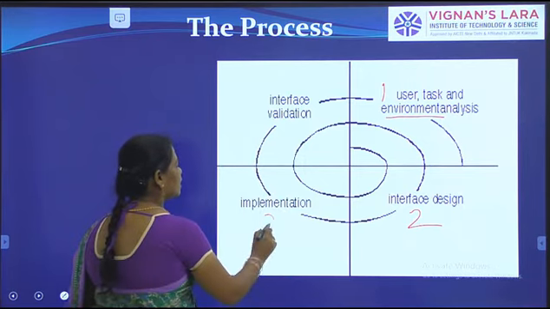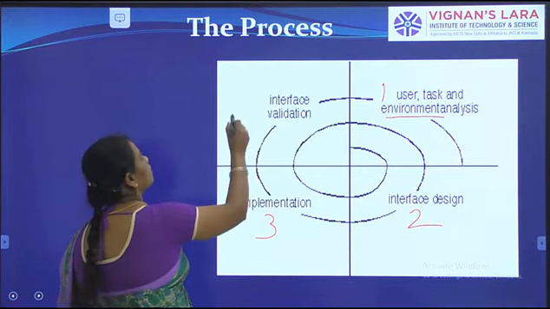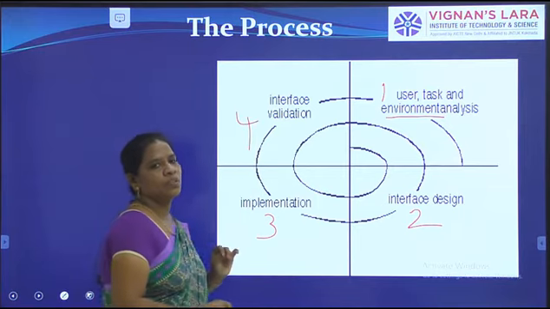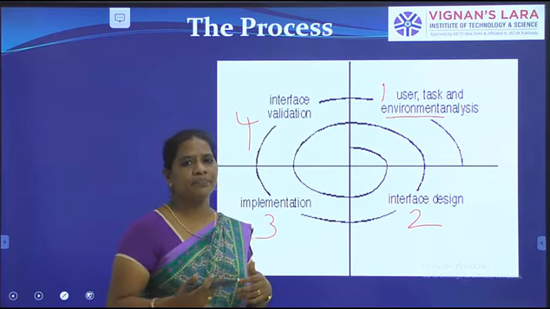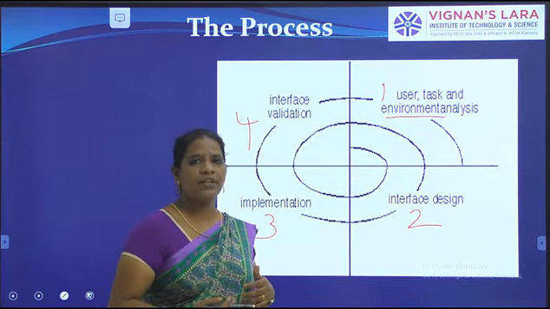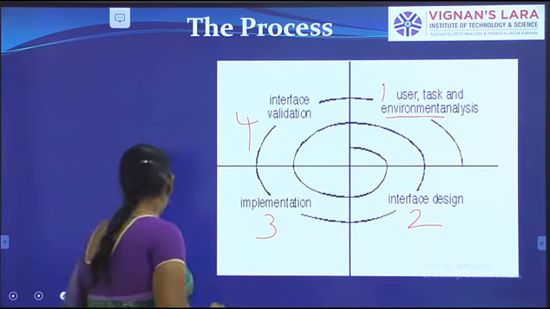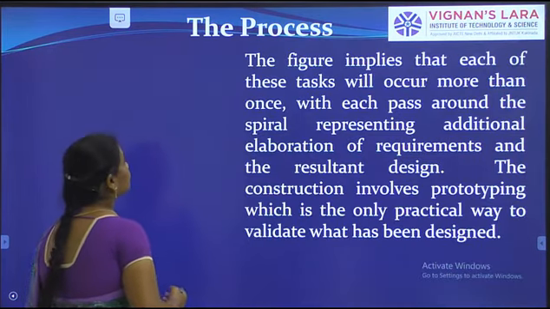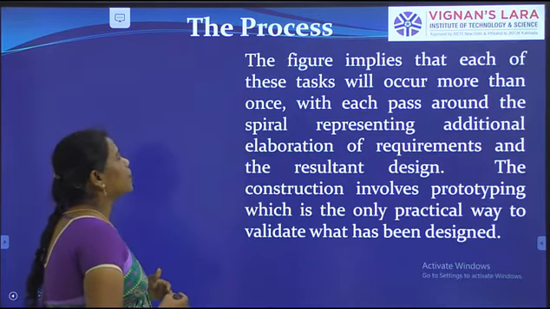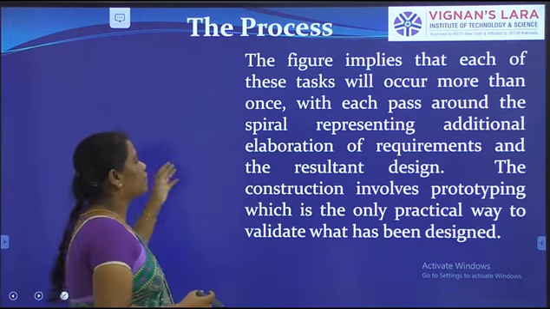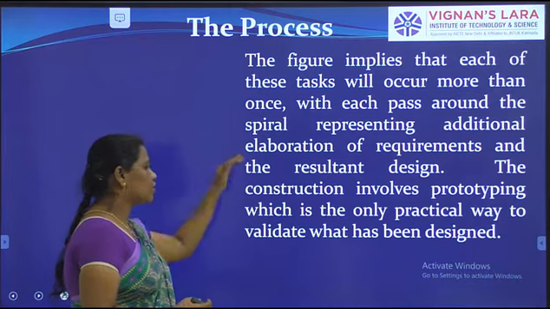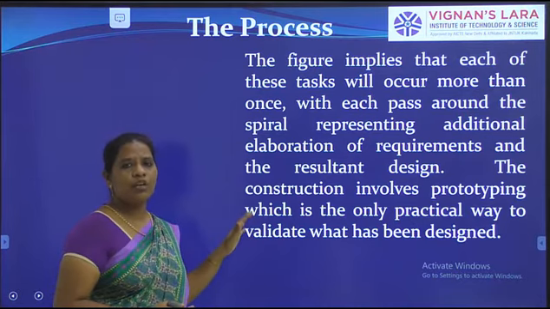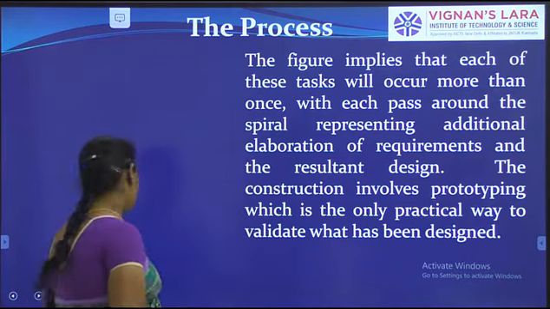And next, the third one is implementation. After implementation, we have to do validation. If you're giving some input, what is the output we are getting? Are we getting the correct output or not? So that is validation. And the figure implies what the figure gives. Okay. So this is overall the spiral model of the user interface design model.